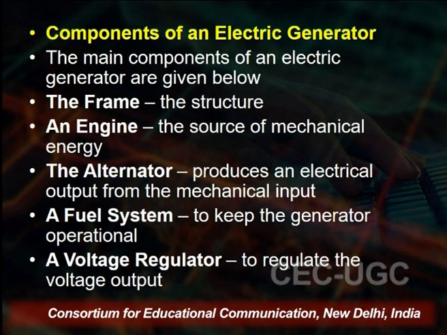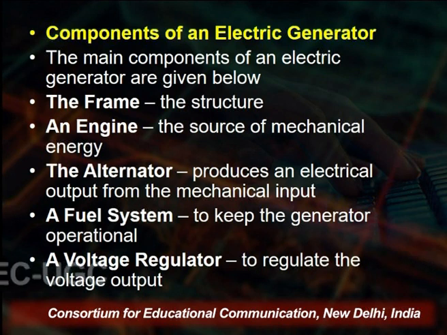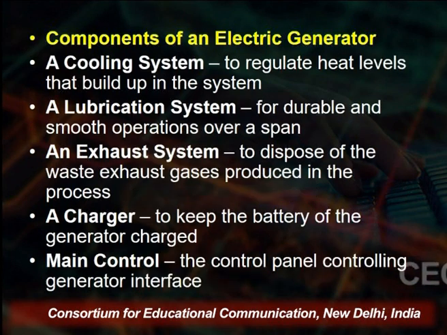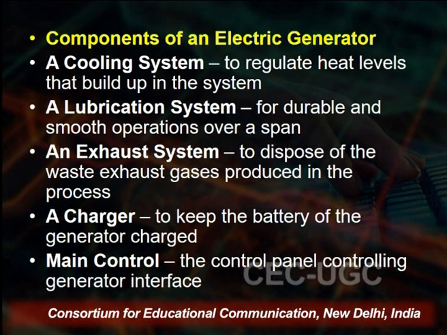A fuel system to keep the generator operational, and a voltage regulator to regulate the voltage output. Other components are a cooling system, to regulate the heat levels that build up in the system as heat is generated regularly. Next is a lubrication system for durable and smooth operation over a long span.